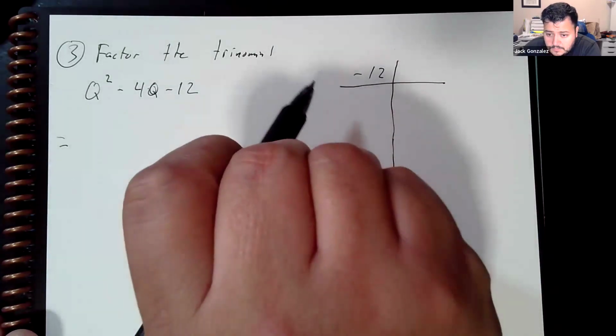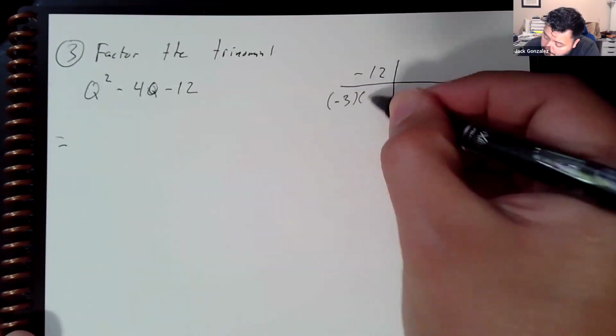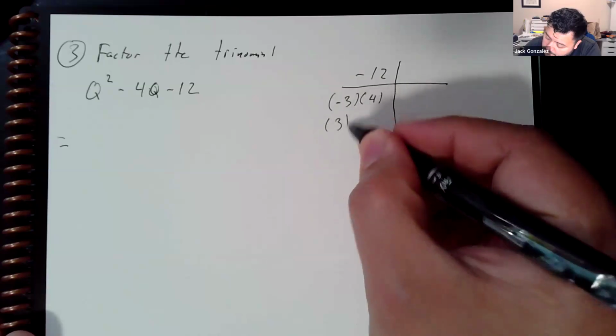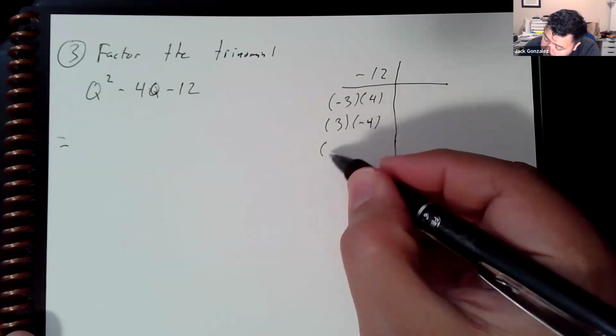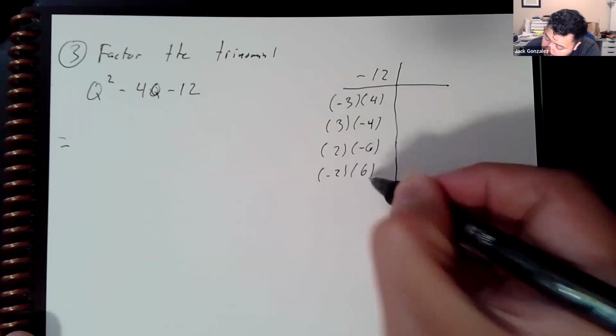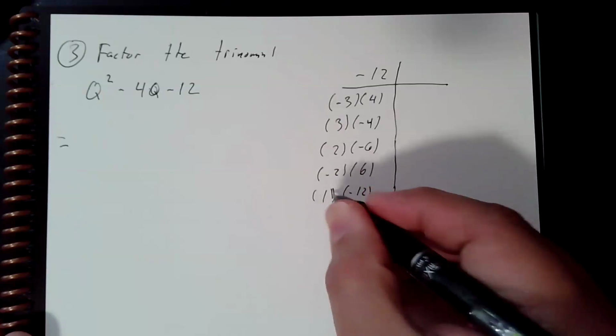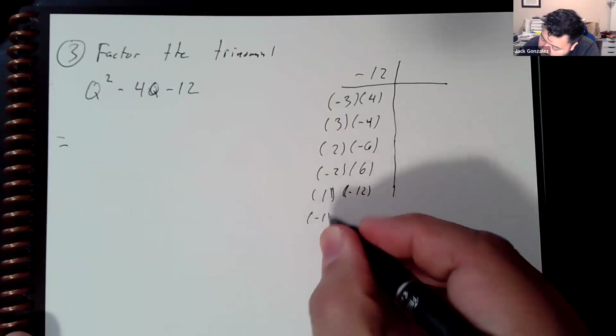Okay, so -12, do the factors. -3 times 4, 3 times -4, 2 times -6, -2 times 6, 1 times -12, -1 times 12.